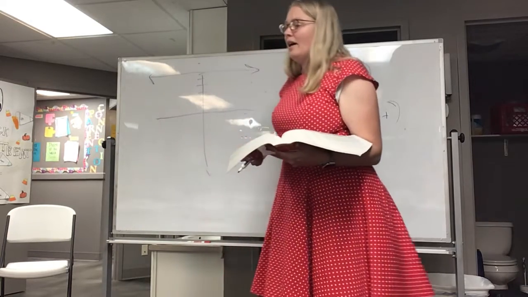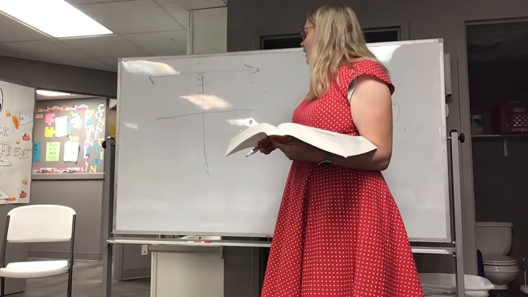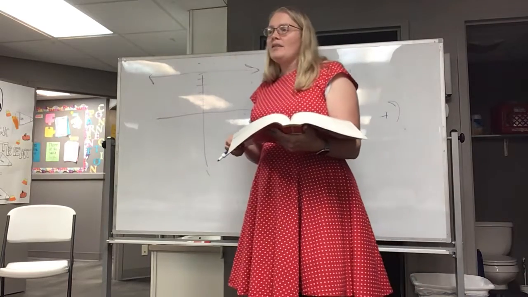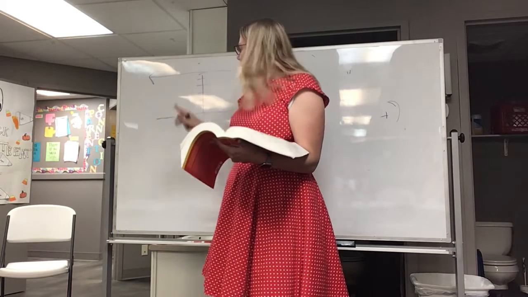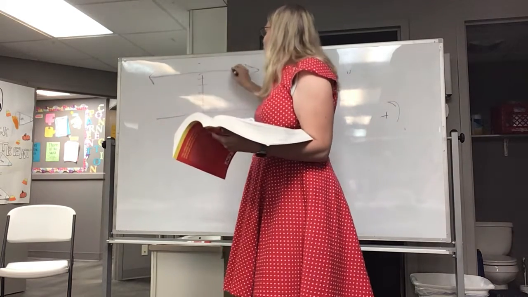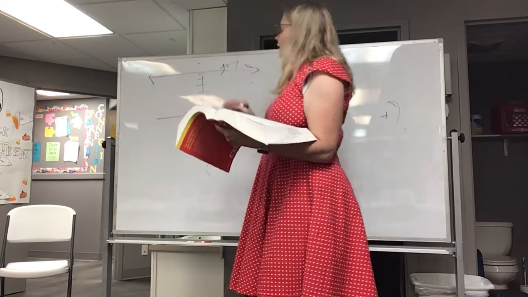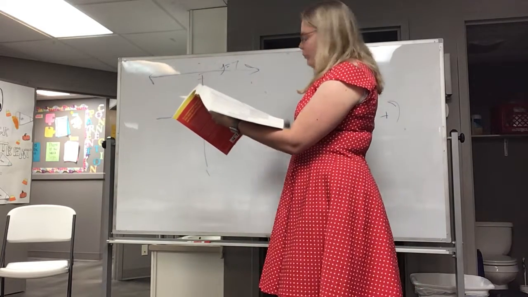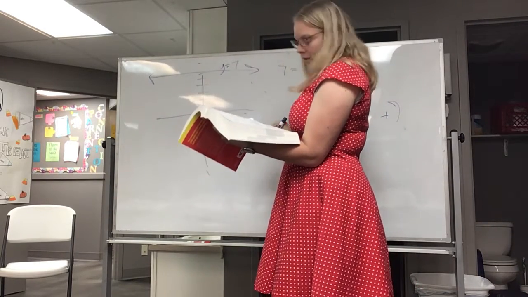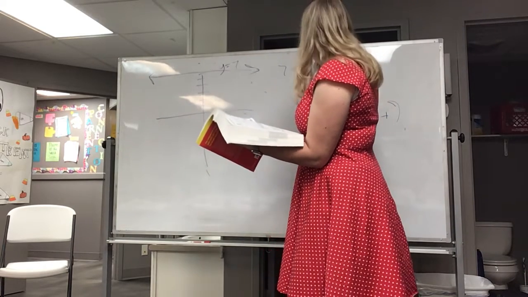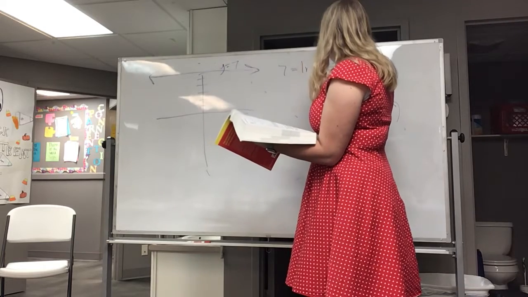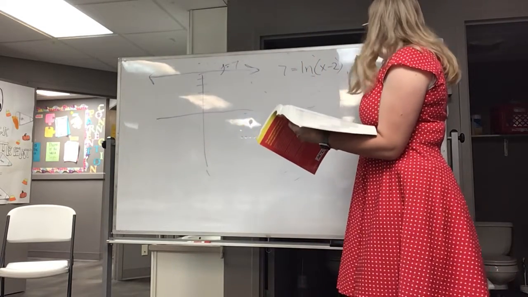So it's talking about a graph. It's talking about the x-coordinate. It's a different way of saying solve for x. The graph really makes no difference at all. Because we have this constant y equals 7, into our equation we're going to put 7 equals the natural log of x minus 2, plus 3.